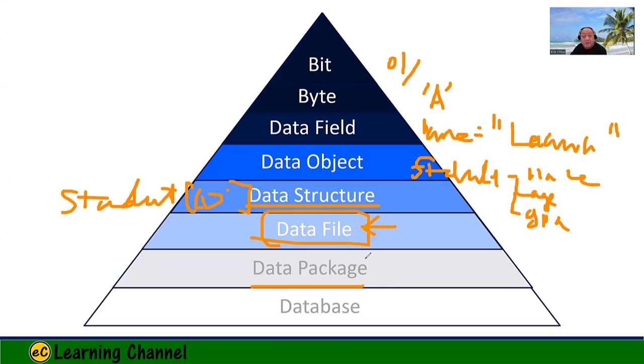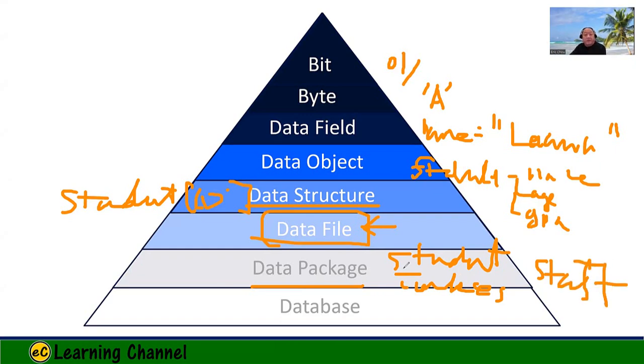Then the next one is a data package. A data package is bigger than just a file. The previous one is the student file. Right now you may have a package of the student plus teacher plus staff, the different files for the people in the school. That's the database. That database may include people, and people has the student, staff, and teacher.